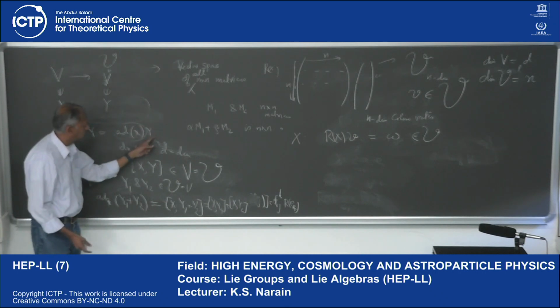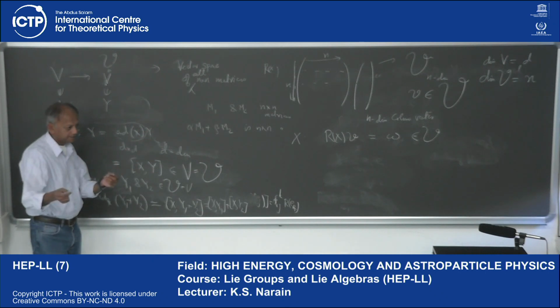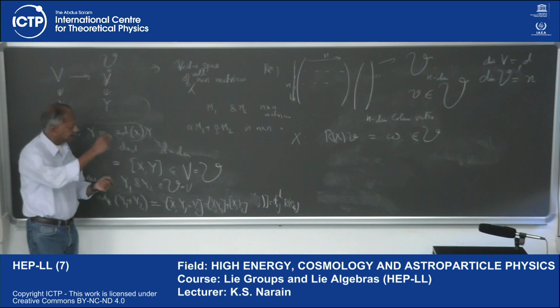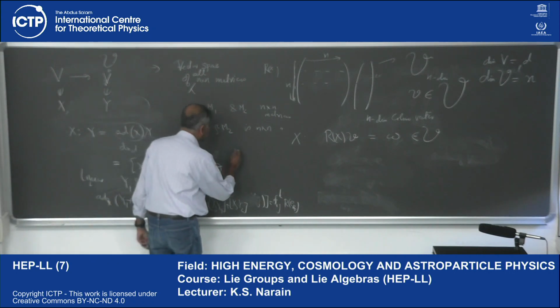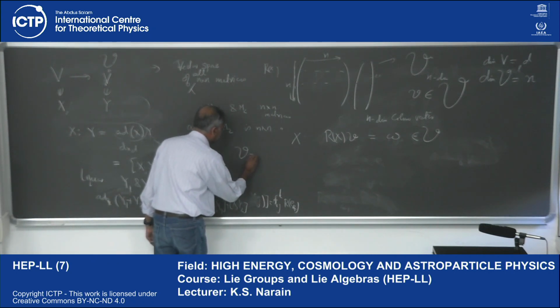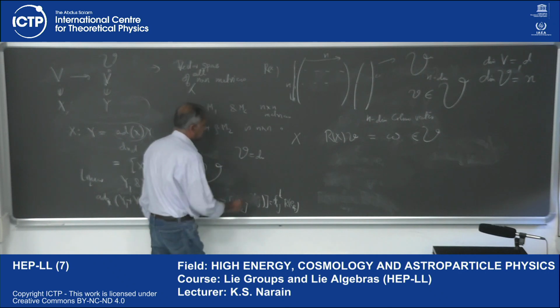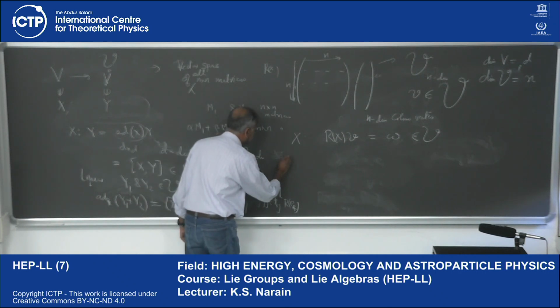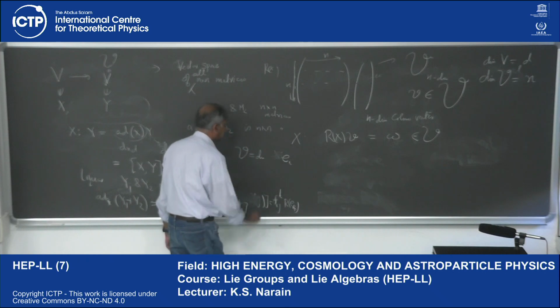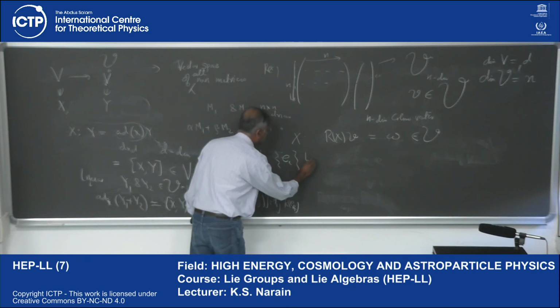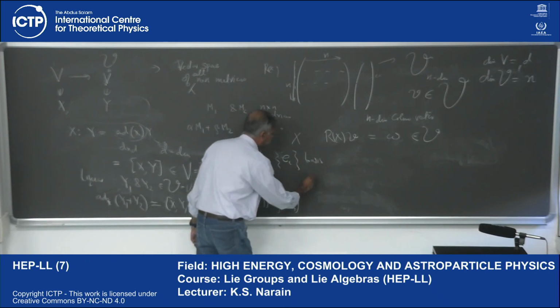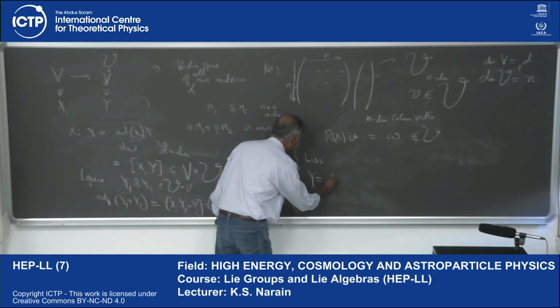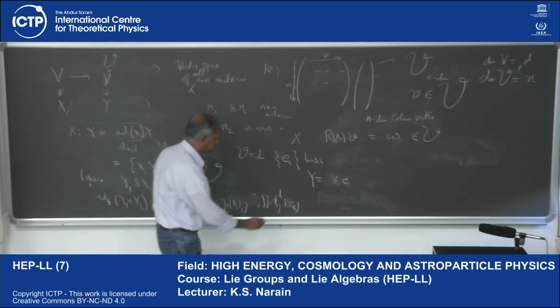Because I can always choose a basis for y. Let's call it E1 to ED. V is D-dimensional, so I can always choose a basis E_i, and I can express y as a sum of coefficients y_i times e_i.